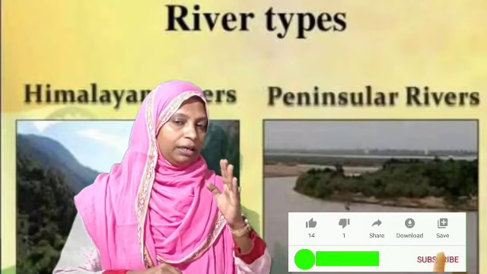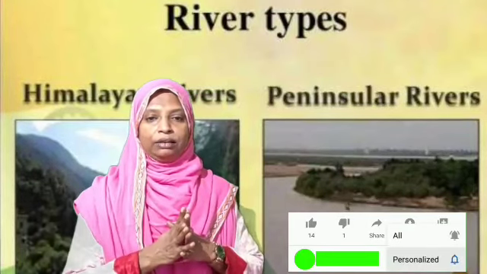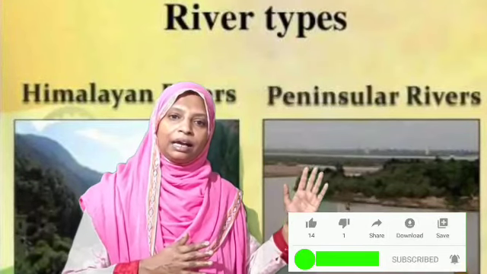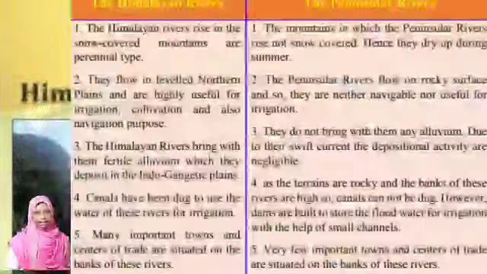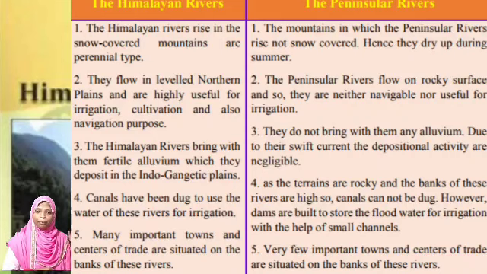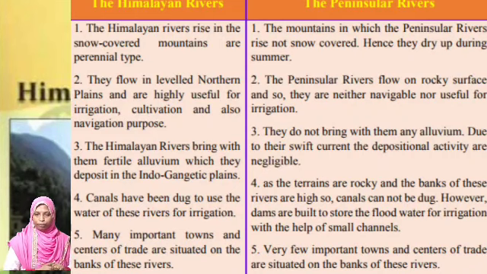One of the important differences between Himalayan and peninsular rivers is that Himalayan rivers are perennial and peninsular rivers are seasonal. These two words are special. Perennial stands for having water throughout the year.